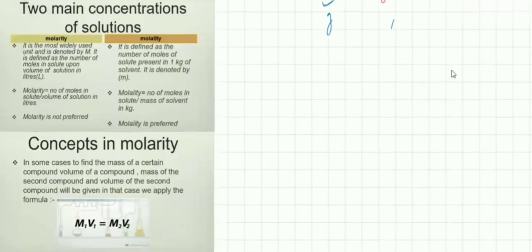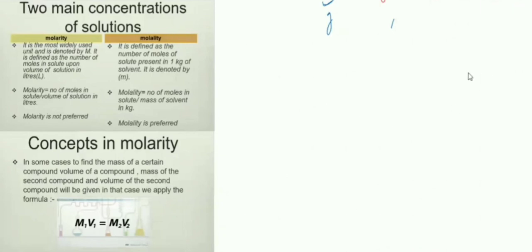So we have two main differences between molality and molarity. These are two most commonly used units of concentration. So molarity is denoted by capital M. It is defined as the number of moles of solute upon volume of solution in liters, while molality is defined as number of moles of solute present in 1 kg of solvent, and it is denoted by small m.